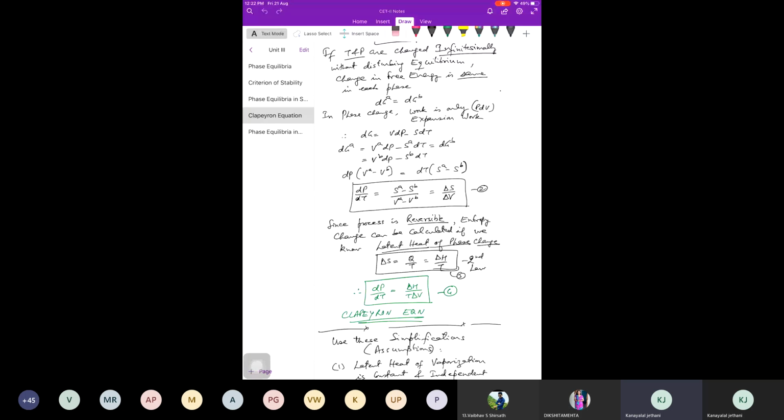If this change of phase is melting, then it is latent heat of melting or freezing, or if it is vaporization, then it is latent heat of vaporization. ये second law से हमने किया था पहले, right? So if you substitute this in equation 2, we are substituting this here, and we'll get dP by dT is equal to delta H upon T delta V.